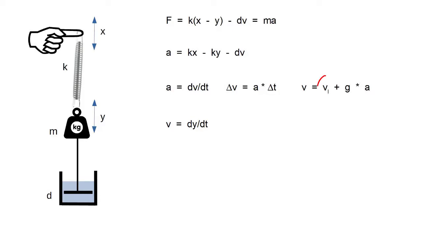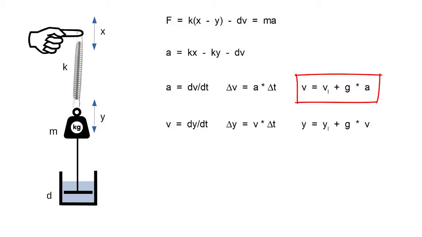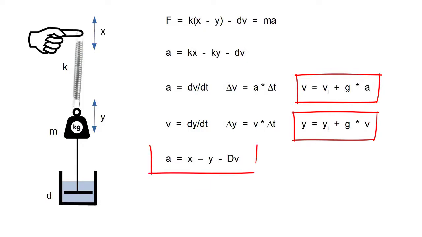So here VL is the velocity of the last sample, and we get the velocity of the current sample according to this equation. And similarly for the output Y, we can calculate that from the velocity, like this, and this gives these three equations for our filter.